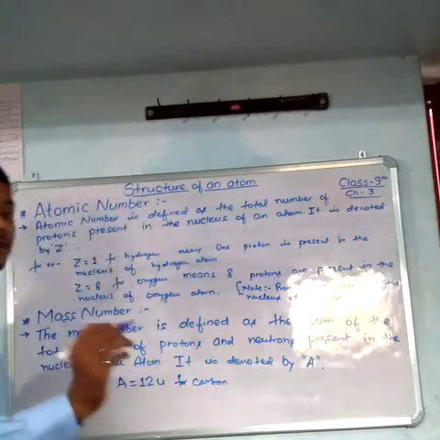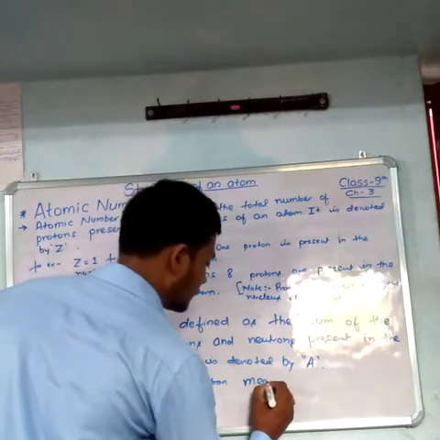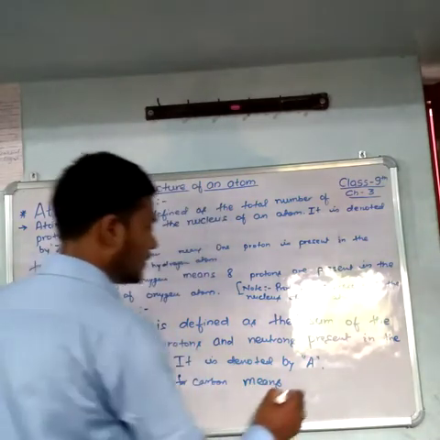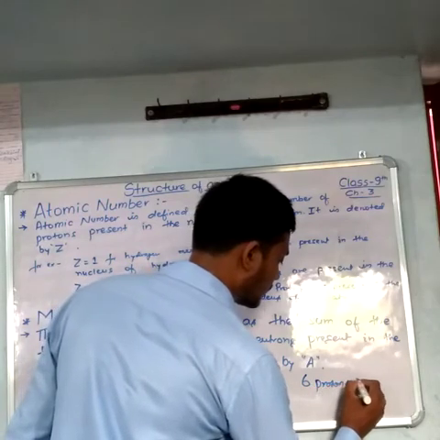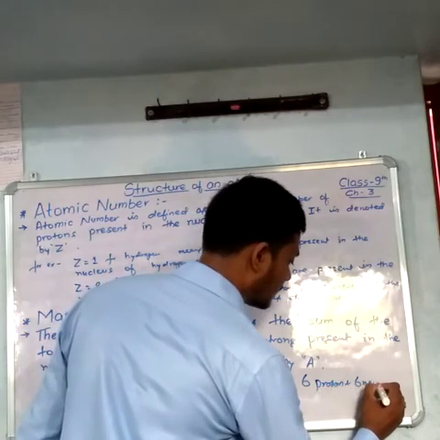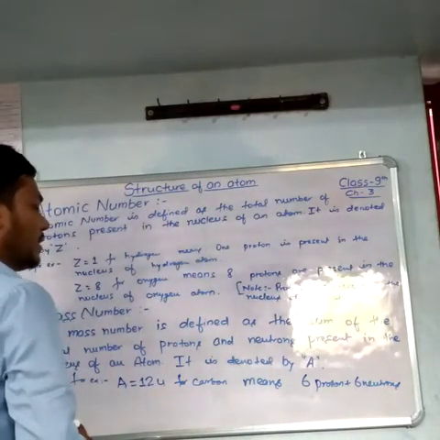It means the mass of carbon is 12U, which means 6 protons and 6 neutrons present in their nucleus.